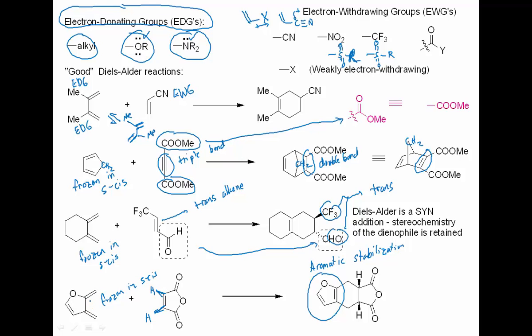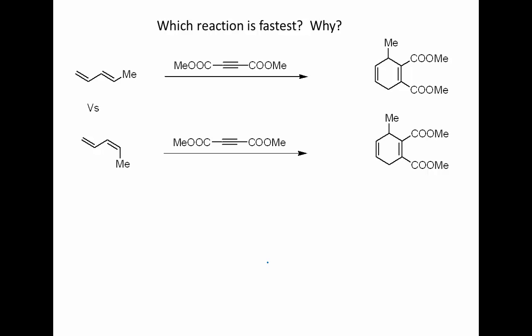We can't really make the S-trans geometry here, and it has an oxygen right on the diene, so it's very electron rich as well. So that's a particularly good diene system right there.